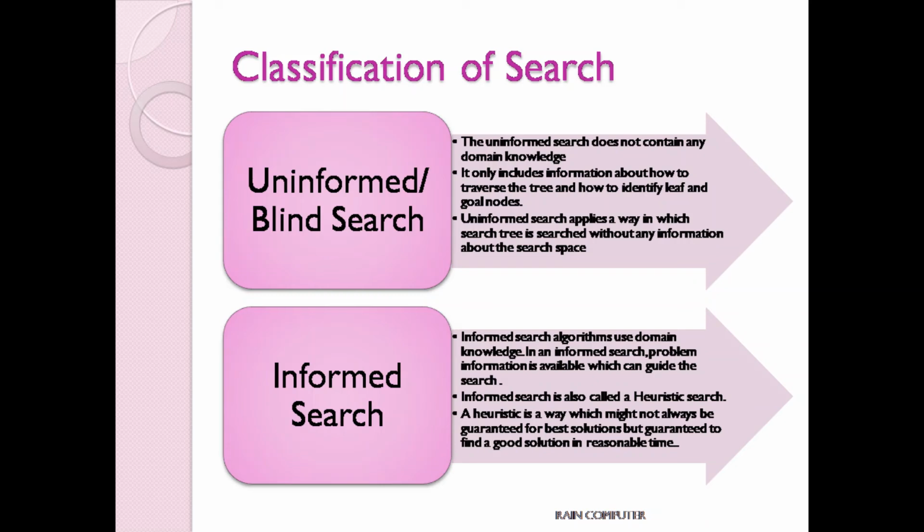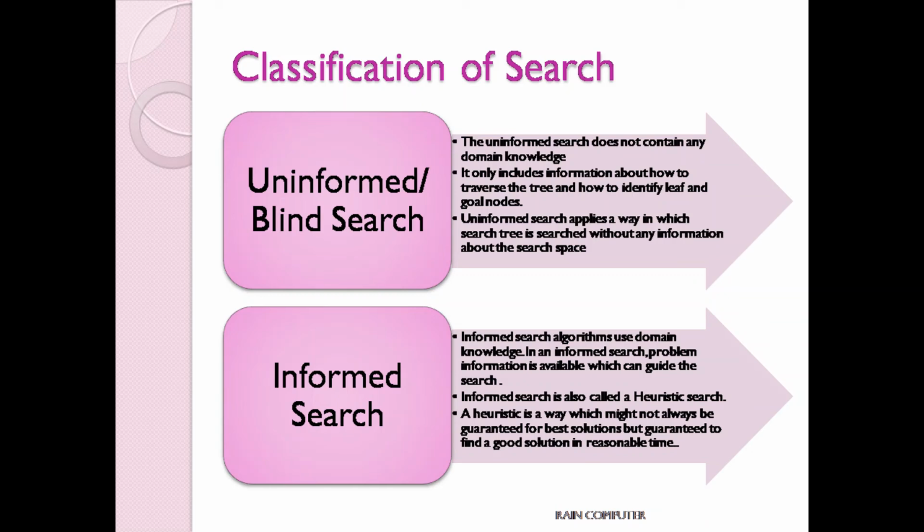Whereas informed search algorithms use domain knowledge. In an informed search, problem information is available which guides the search. Informed search strategies can find a solution more efficiently than an uninformed search strategy. Informed search is also called a heuristic search.